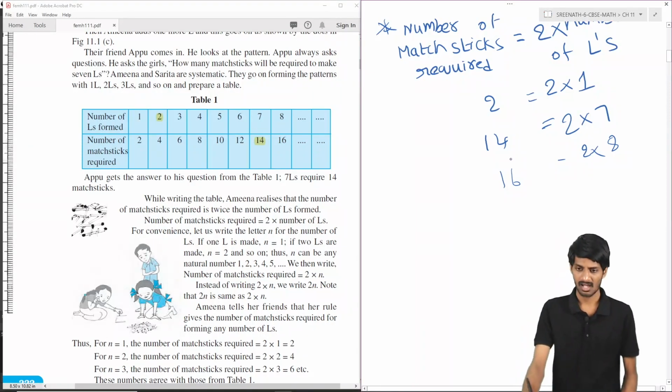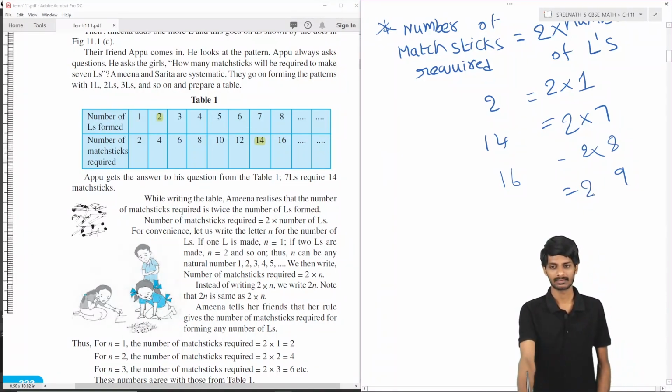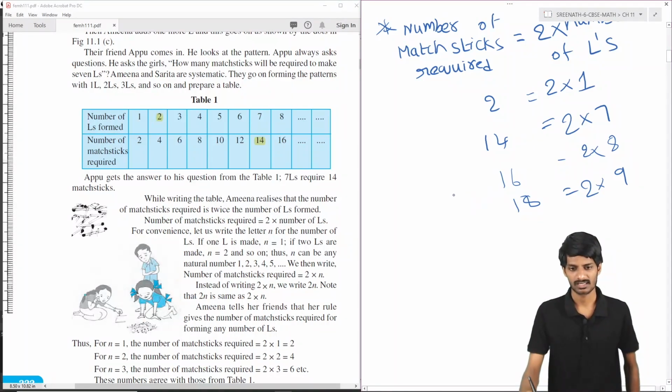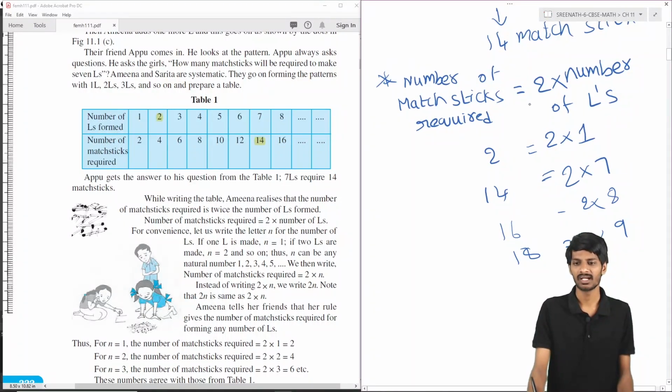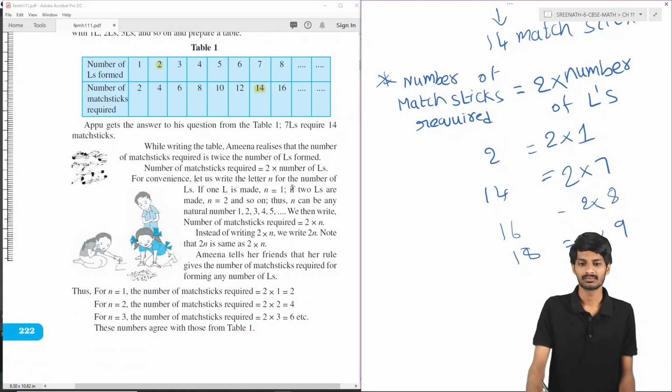And if you want 9 L's, then you have to double it, and you will get 18 matchsticks required. This is the session, friends. So I realized this thing, that the number of matchsticks required is equal to 2 into the number of L's formed.